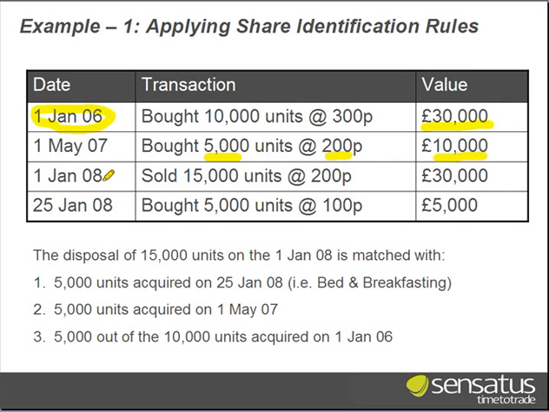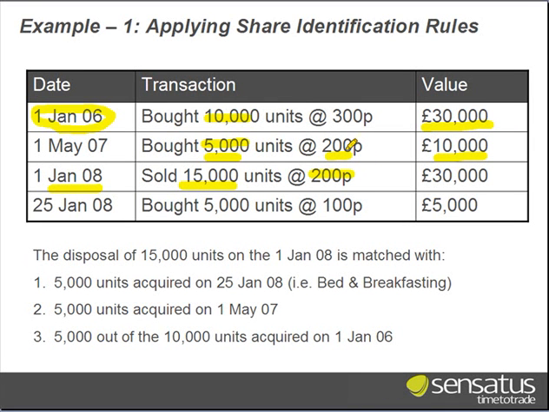Now on the 1st of January 2008, just before the end of the last tax year, which is April 2008, we should say that this person then sold 15,000 units. So at that point in time they sold all the units they had previously acquired, and they sold them at 200 pence.